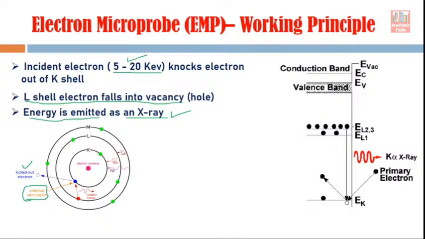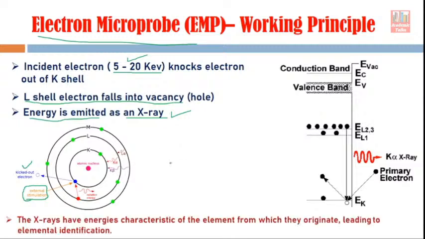When this transition occurs from the L shell to the K shell, electromagnetic energy is emitted, and if this energy lies in the range of X-rays in the electromagnetic spectrum, then we say that it's an electron microprobe system, right?